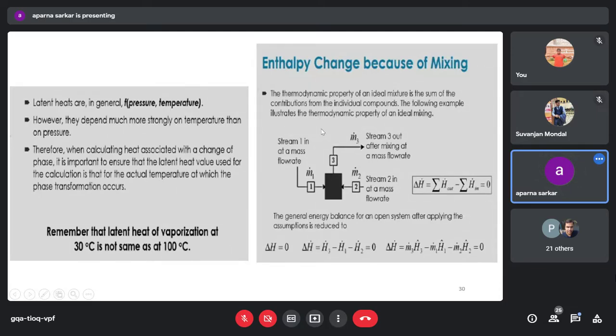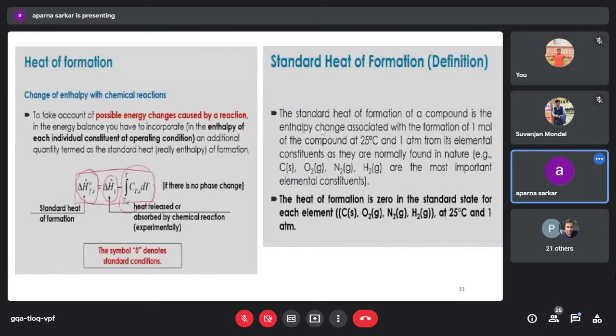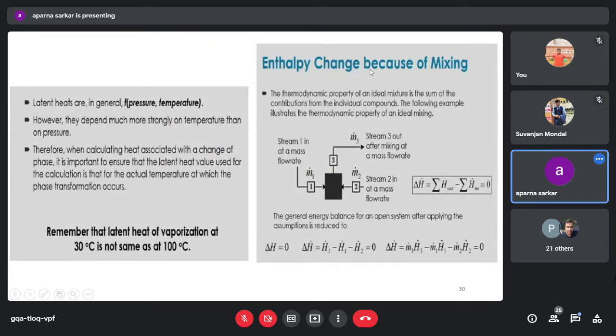Now we have a system for mixing. What we have studied so far is how changes happen for any single system: the enthalpy change is the summation del U plus del PV. But if it is a mixing unit, where there are two or three feedstocks and outputs, then you have to consider all feedstocks and all outputs. So this is a mixing unit.